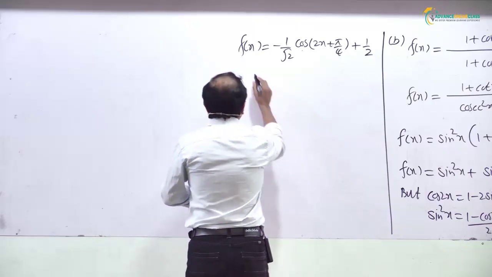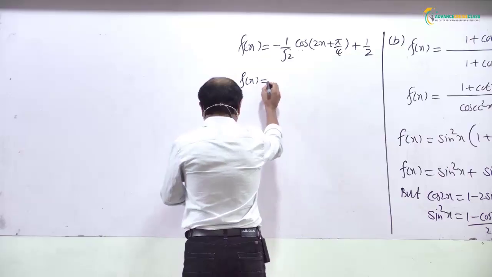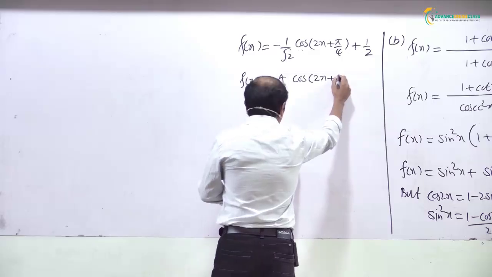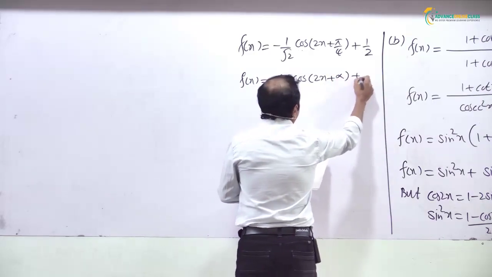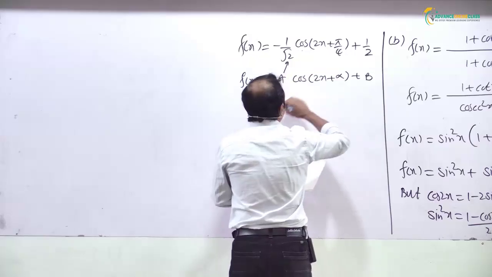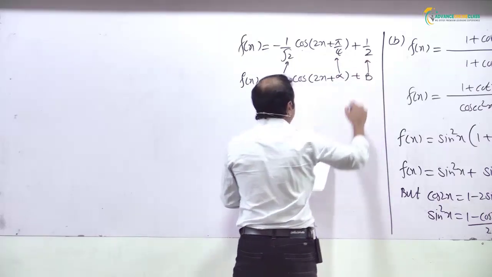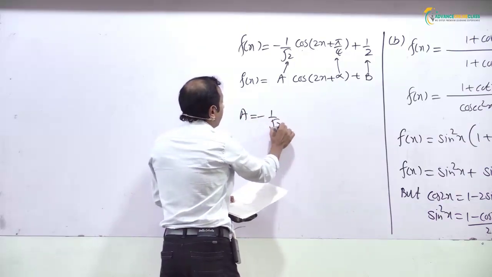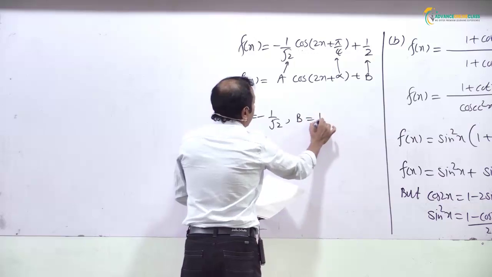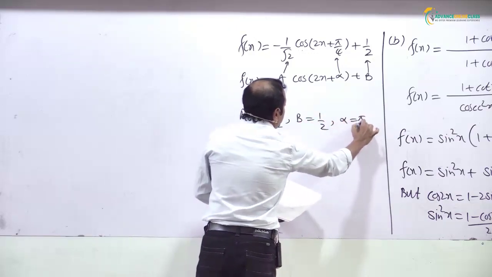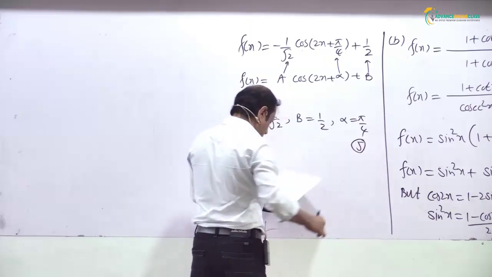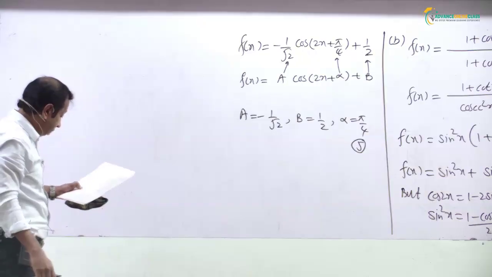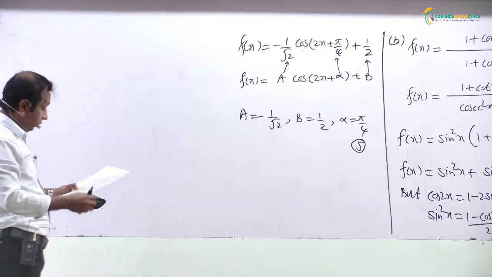It is given as f(x) equals a cos(2x plus alpha) plus b. Right? Now compare: a is minus 1 over root 2, b is half, alpha is pi by 4. For this another 5 marks.